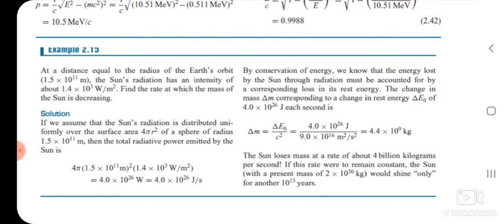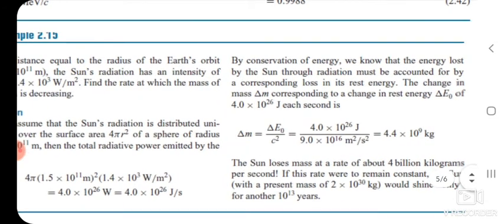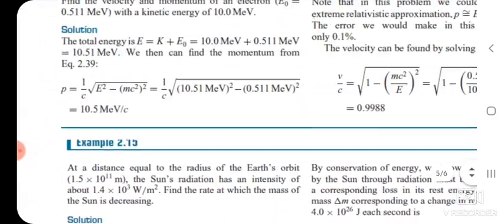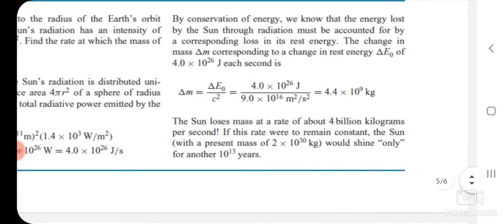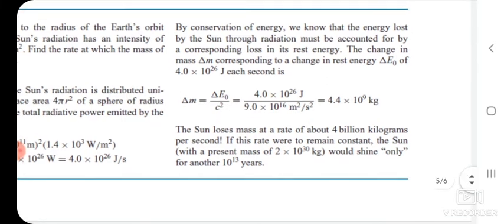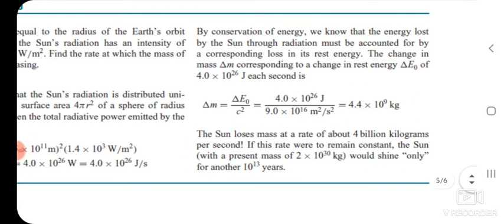Now, by conservation of energy, we know that the energy lost by the sun through radiation must be accounted for by the corresponding loss in its rest energy. The change in mass delta m corresponds to the change in rest energy.